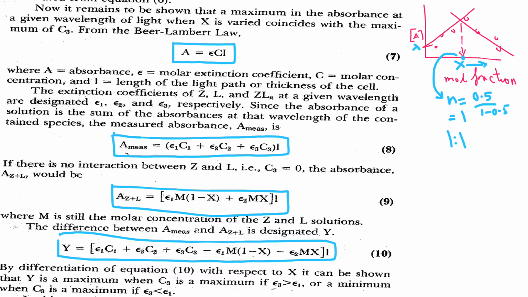Now you have Y here, the absorbance in the form of Y, which is the absorbance of the mixture minus the absorbance of the nickel solution, versus X, which is the mole fraction. And for the plot, you should use a ruler, so you take the points going up and make a straight line, and the points going down you make a straight line. The maximum point here gives you X.